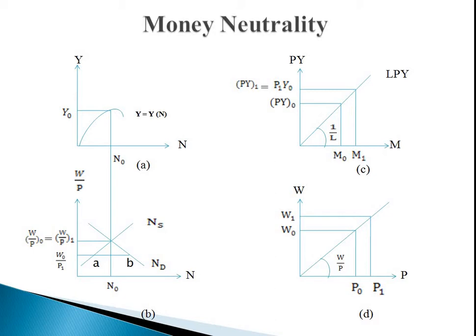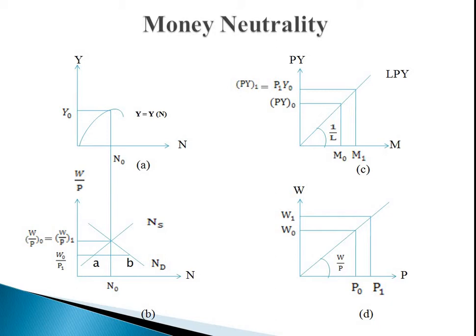According to the classicals, this will now lead to an increase in money wage from W0 to say W1, since wages are perfectly flexible in the classical model. So in response to an excess demand, initially we find that the wage rate increases from W0 to W1.